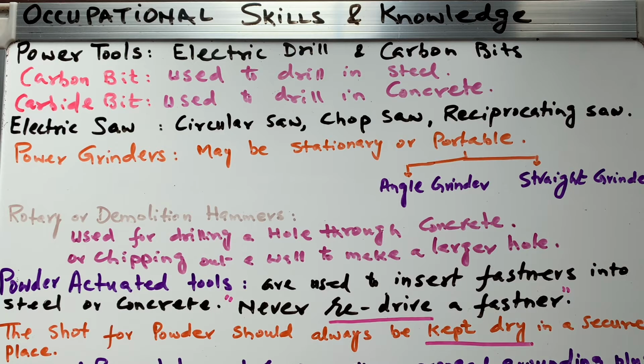Then we have rotary demolition hammers, right? We use them for demolition purposes, for drilling a hole through concrete, or chipping out a wall to make a larger hole. You will see these drill machines when you are at a construction site and you have to drill a hole. I can show you a few pictures of these drills.